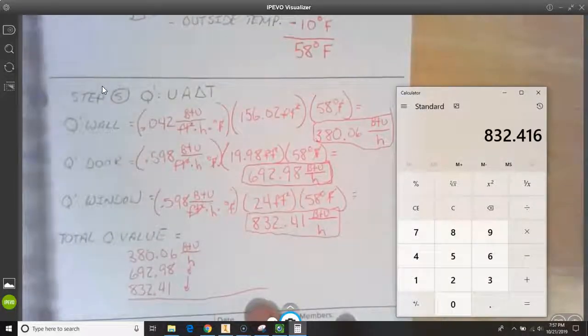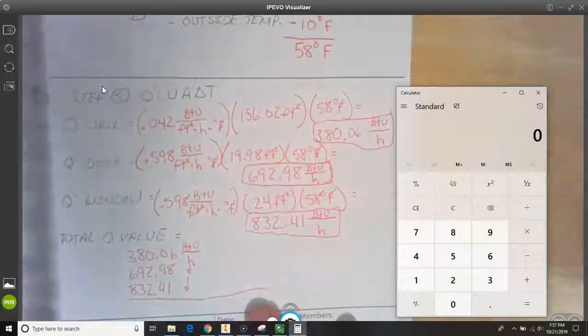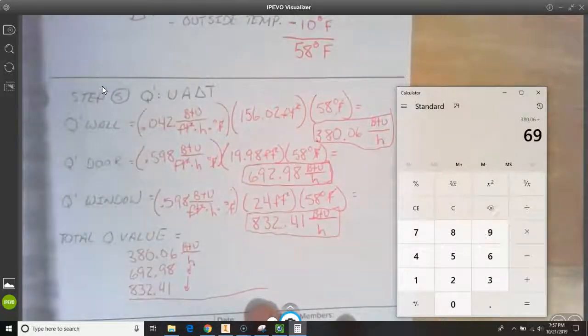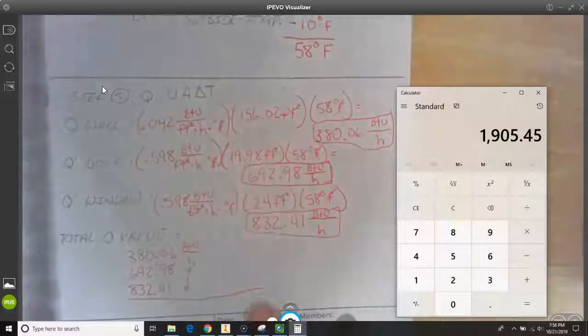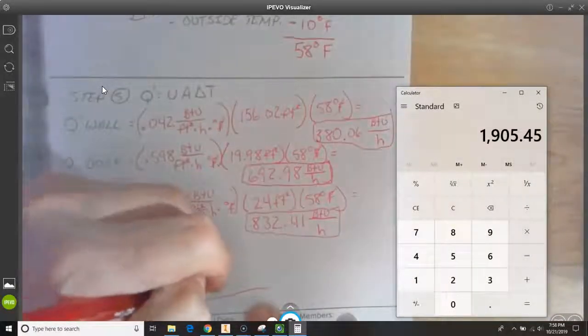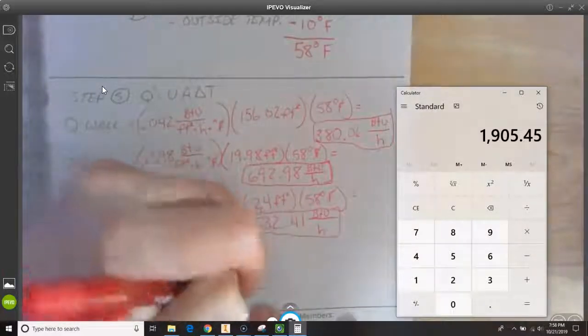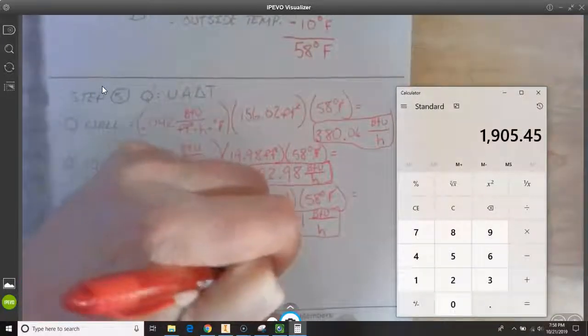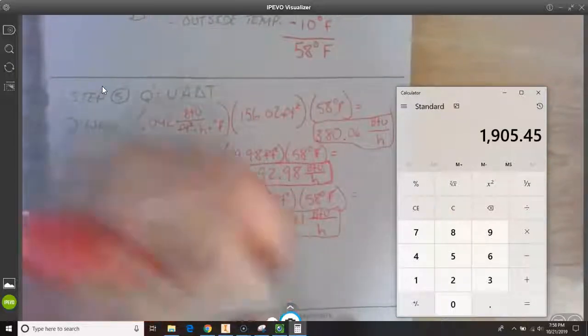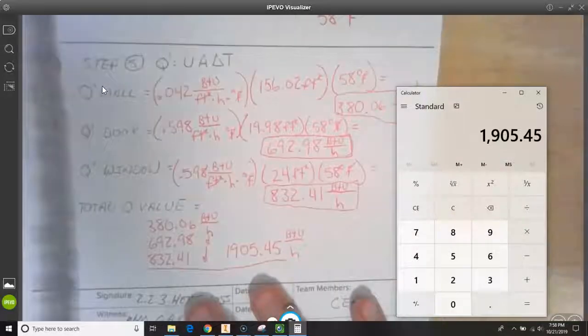Math time on the calculator. So I'm going to take 380.06 plus 692.98 plus 832.41 equals, this is going to be equal to 1,905.45 BTUs per hour of heat loss through the wall that we just calculated.